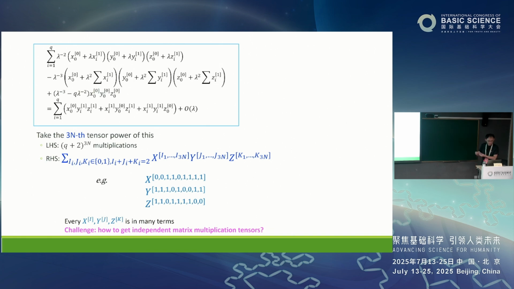Which means that every xi, yj, zk is in many terms, where i, j, k are the blocks. Then the challenge is how to get independent matrix multiplication tensors.